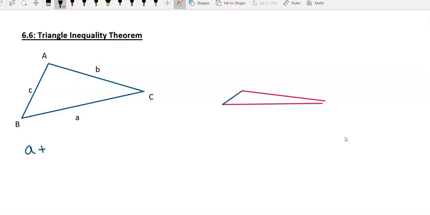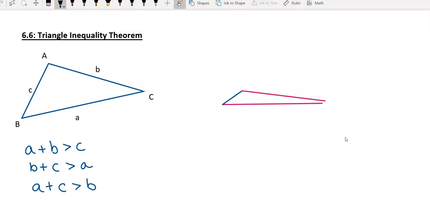Side A plus side B has to be greater than side C. B plus C has to be greater than A. And A plus C has to be greater than B.